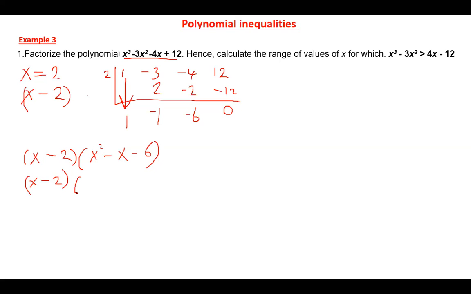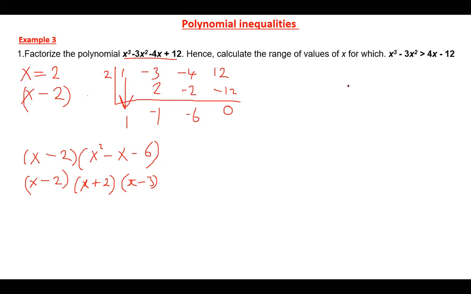They are x plus 2 and x minus 3, which you get when you factorize using either completing the square or the factorization method.